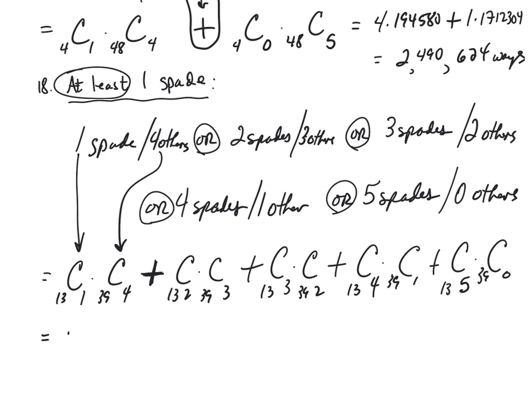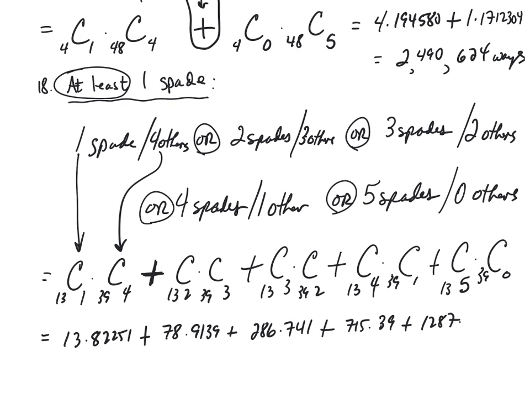So 13C1 is 13. 39C4 is 82,251. 13C2 is 78. 39C3 is, nope, sorry, typo, 9,139. 13C3 is 286. 39C2 is 741. 13C4 is 715. 39C1 is 39. 13C5 is 1287.